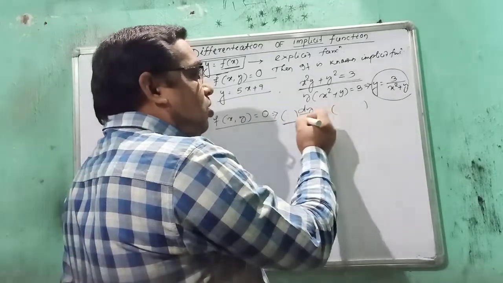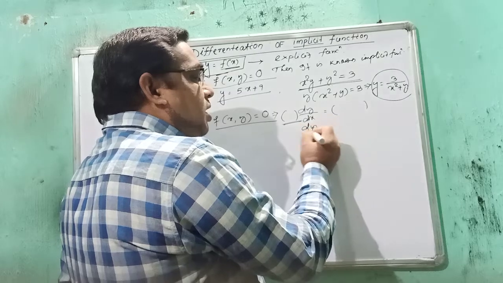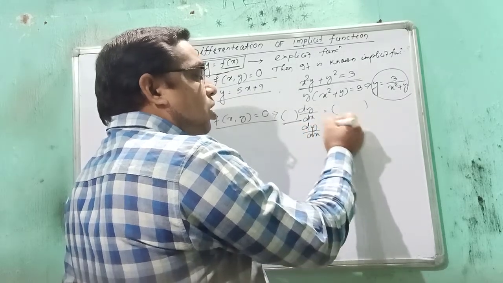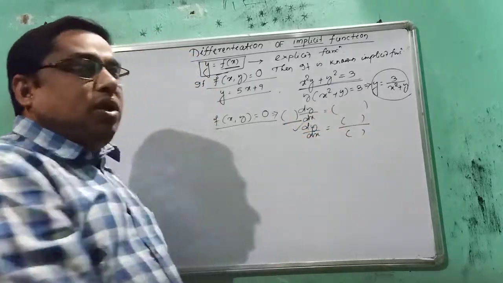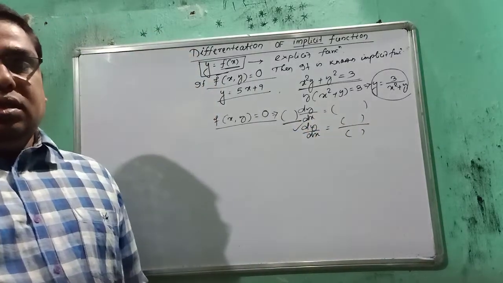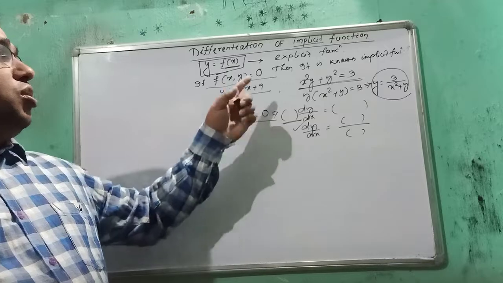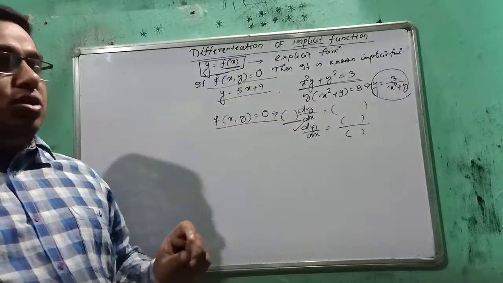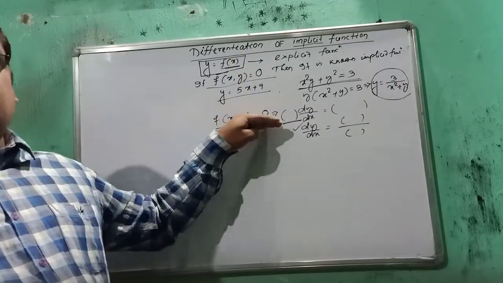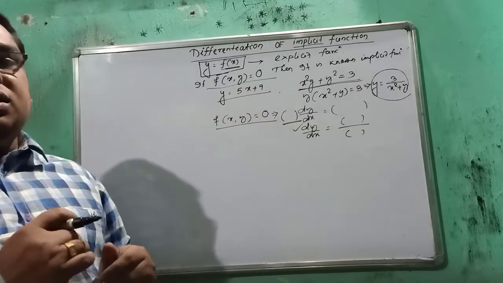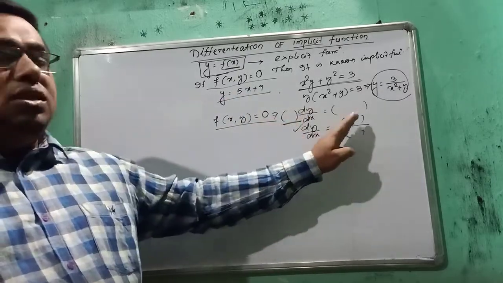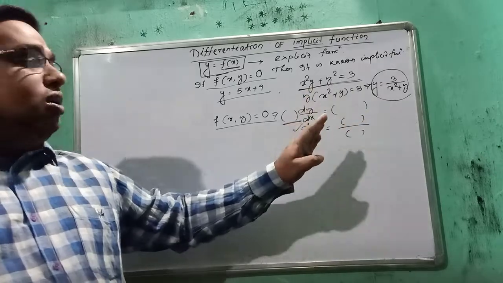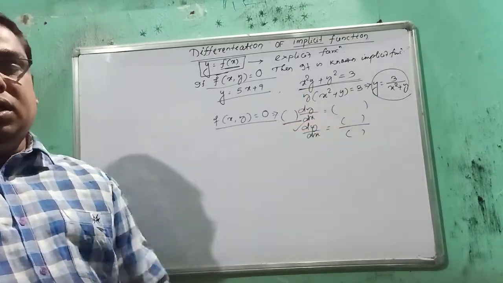The coefficient of dy by dx is divided on the other side, and then you will get your required dy by dx. This is the method for solving an implicit function.